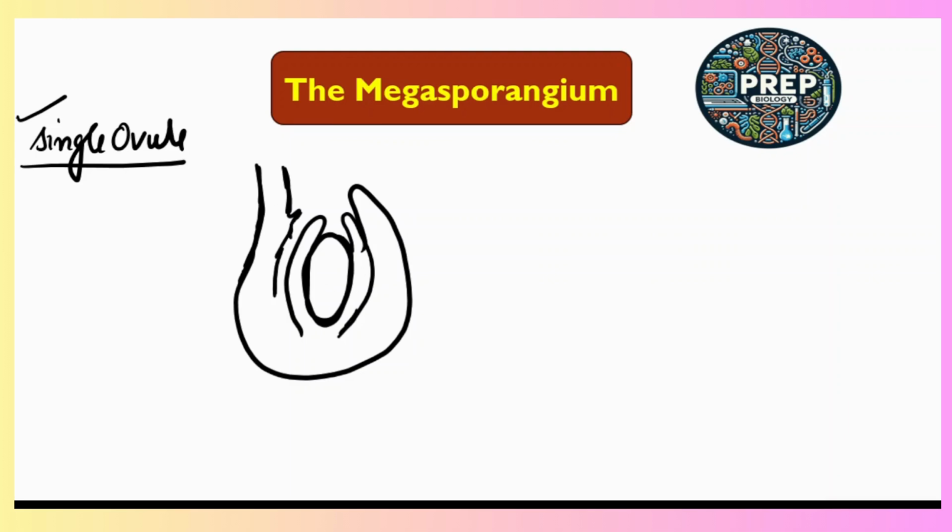Now let's discuss the different parts. First of all, we know that the ovary has a middle part called the placenta, which we have discussed earlier, and from the placenta the different ovules arise.